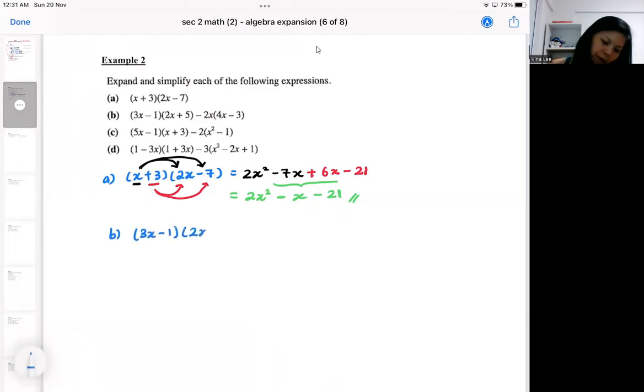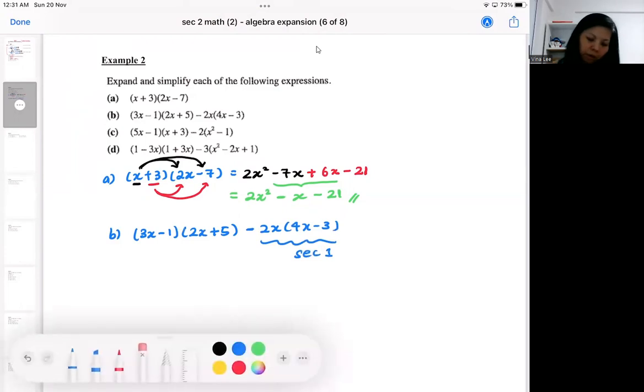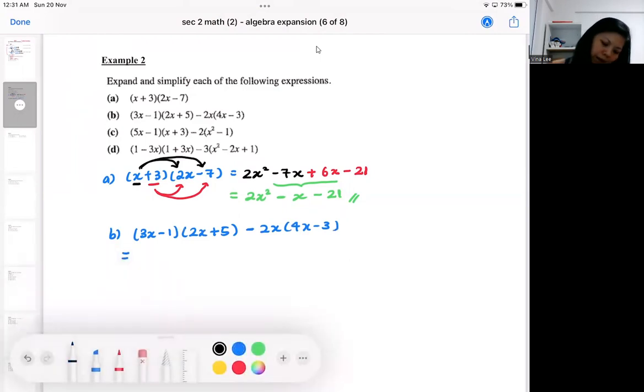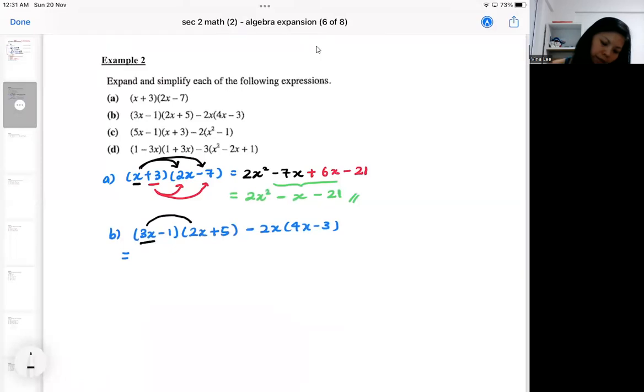The second one is a bigger expansion. If you explore it, you realize that this part looks like the Set 1 work, so we're going to add a bit of Set 1 work together with the Set 2 work. You need to be very organized. Remember the equal sign. I'm going to take the first guy, multiply to the whole bracket.